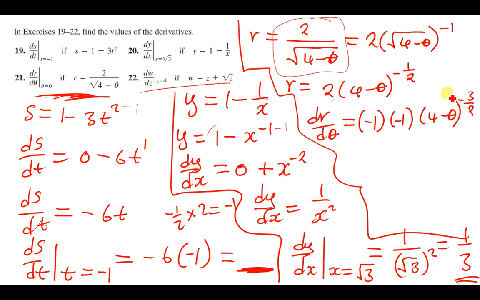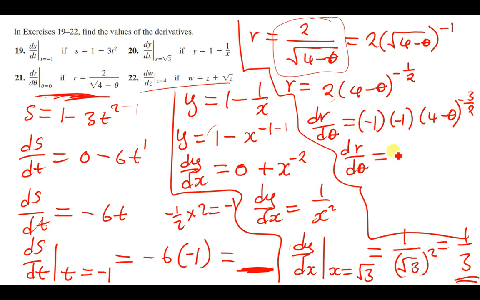So negative 1 times negative 1 there is simply equal to positive 1, and we're just going to remain with that as the expression for dr/d theta.